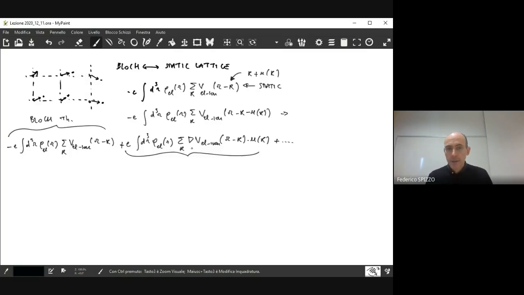So if we rewrite this term here in terms of creation and destruction operators, both for electrons and for phonons, then it's easier to discuss the final result in terms of interaction between electrons and phonons as a combination of processes where you may have a creation or a destruction of an electron, or a creation or a destruction of a phonon.